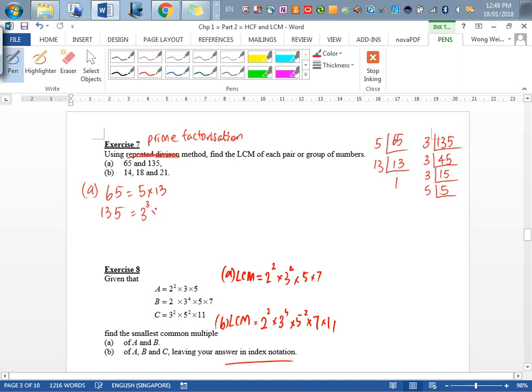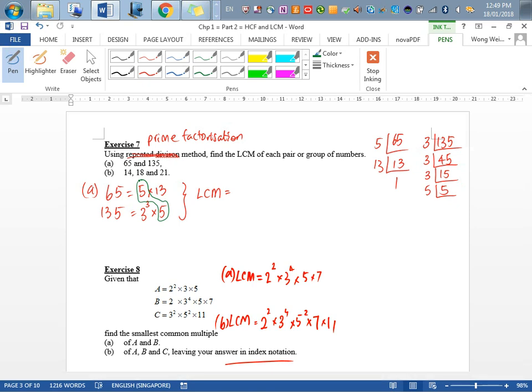65 is 5 times 13 and 135 is 3 cubed times 5, right? So the LCM will be equal to, let us find the common factors first. Any common factors that you can see? 5. These are common factors, right? Okay, so I group them together first.